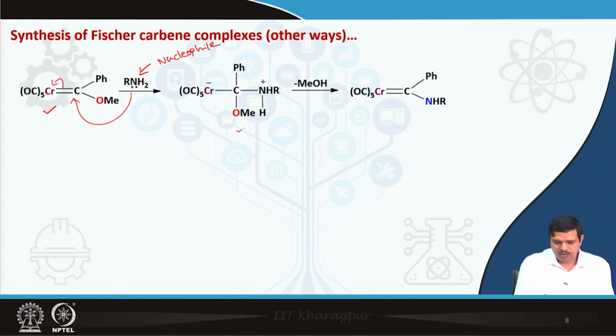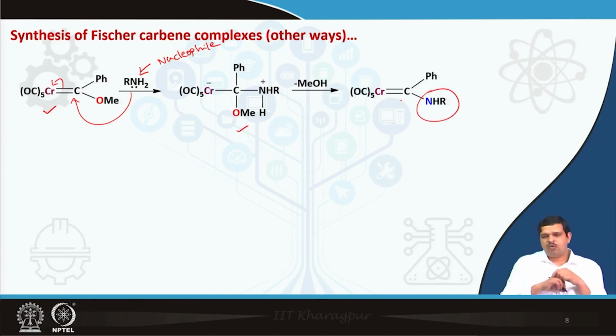So this is the species, and then the elimination of methanol, and you form the new Fischer-carbene where the heteroatom is amine. So here you will see that this is a very nice synthetic strategy with the help of the electron deficient nature of the carbon of metal-carbene.